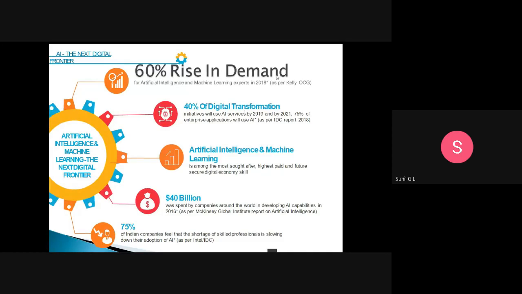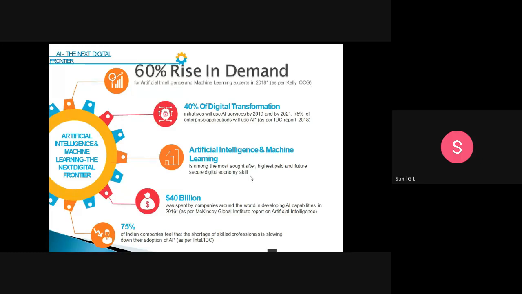The initiatives will use artificial intelligence services, and by 2025, 75% of enterprise applications will use artificial intelligence. It means you will have a lot of scope. Artificial intelligence and machine learning are among the most sought after, highest paid and future-secure digital skills.